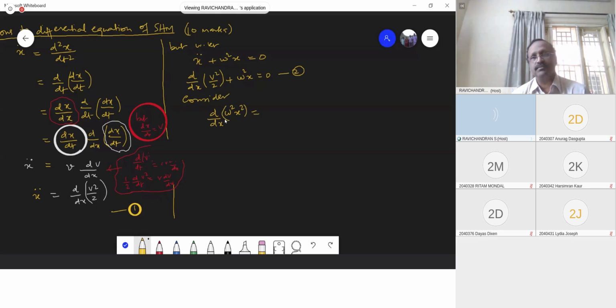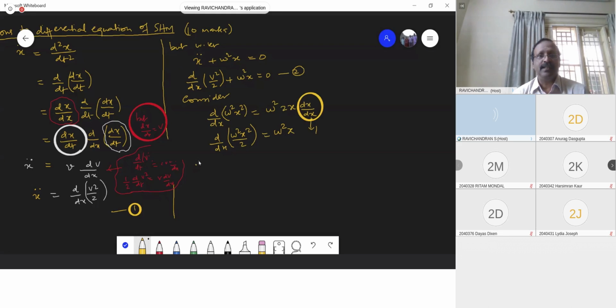If you differentiate this, omega square is a constant, 2x into dx by dx, this becomes 1. Therefore, I want to take omega square x. So 2 is coming down. So d by dx of omega square x square by 2 is equal to this much.